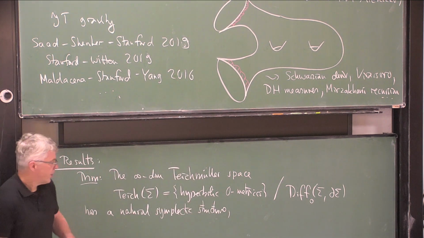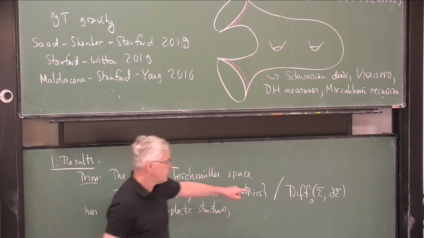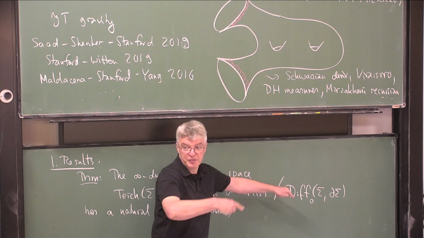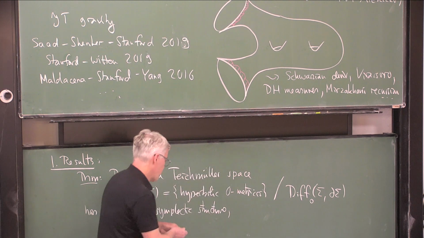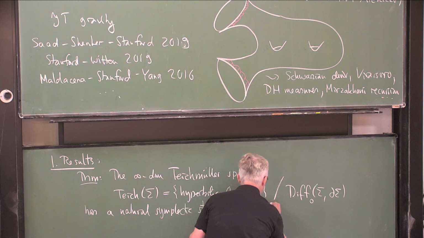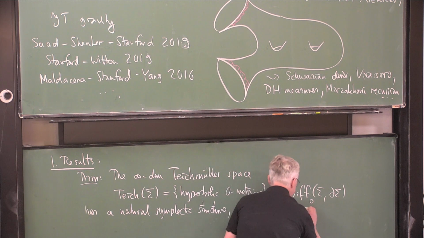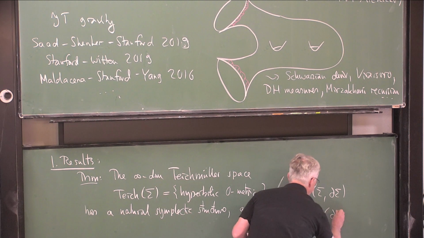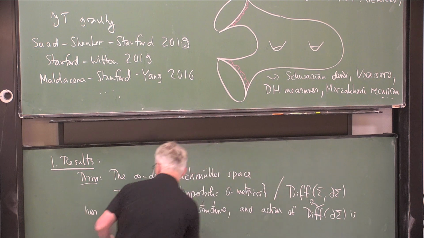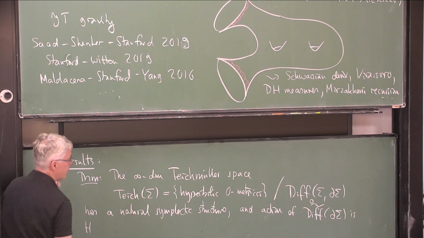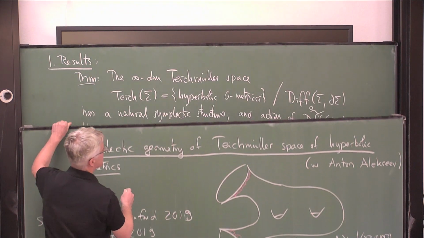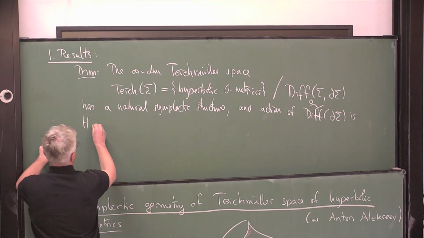Now on this space there is still the action of diffeomorphisms of the boundary, or more precisely, if one thinks about it, it's the universal cover of the diffeomorphisms of the boundary that still act. And this action of the universal cover of the diffeomorphisms of the boundary is Hamiltonian.